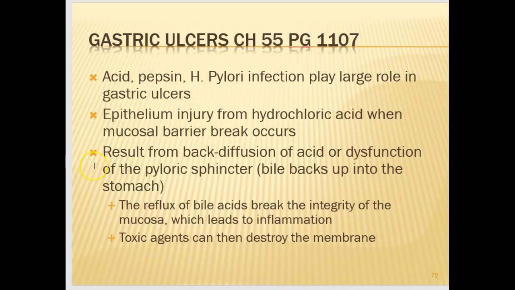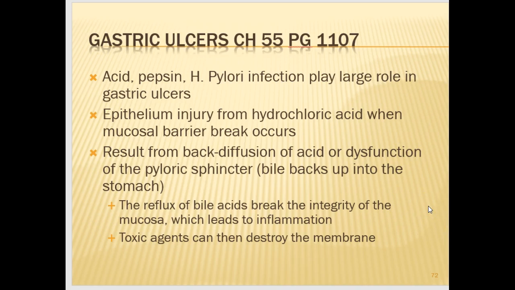Gastric ulcers also result from back diffusion of acid or dysfunction of the pyloric sphincter, so bile backs up into the stomach. Can you imagine? It's like a reflux, a reflux of bile acid.